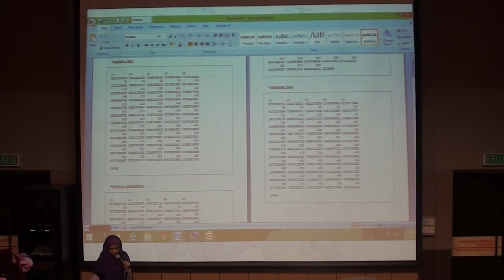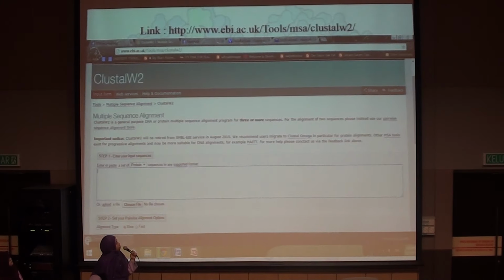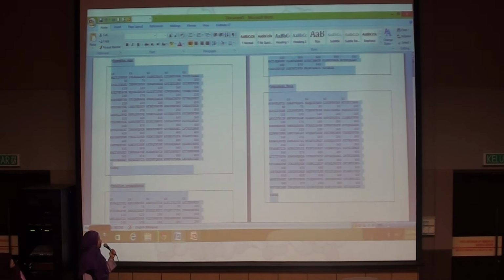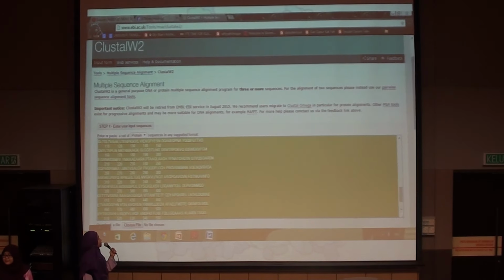So what you have to do next is go to Clustal W2. This is how the web page looks, and copy the amino acid sequences for those three organisms and paste them into Clustal W2.